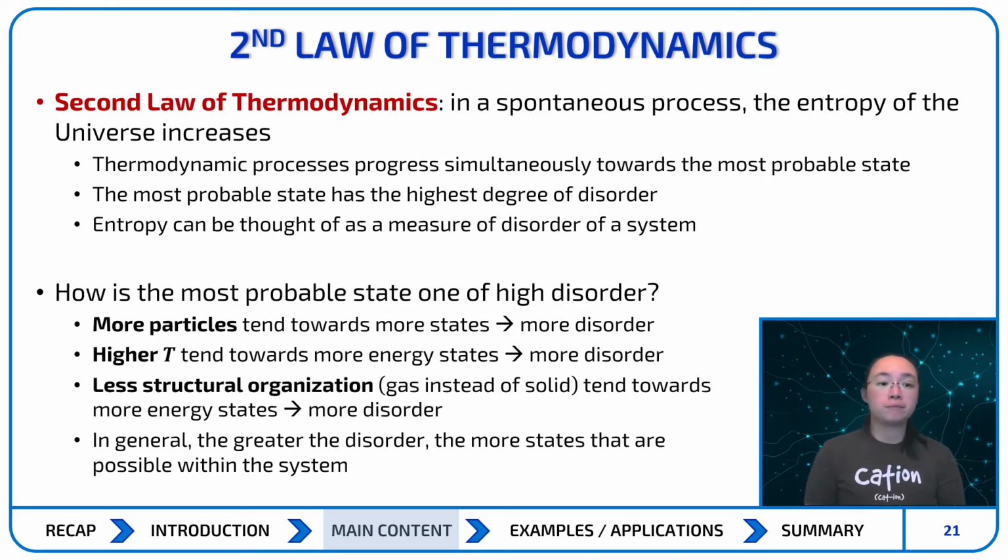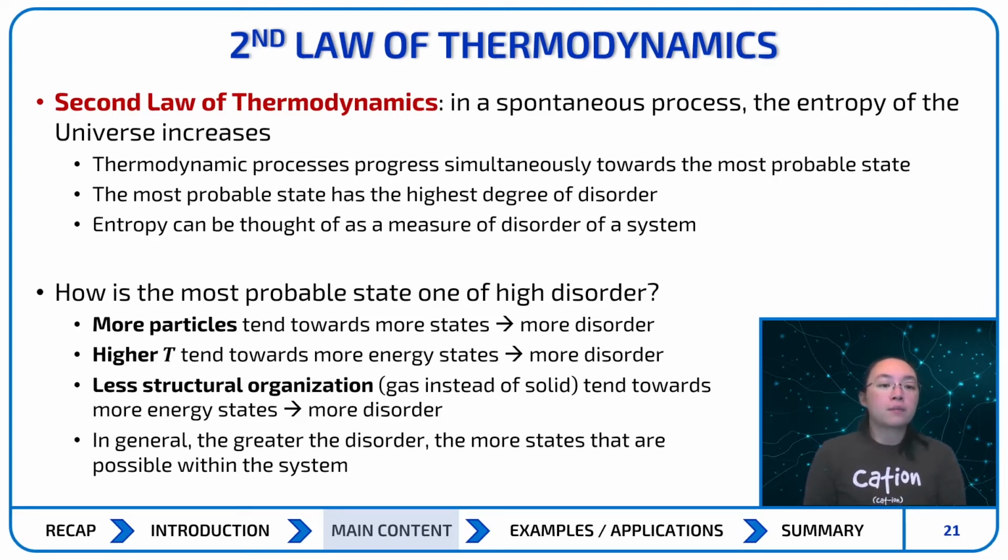disorder of a system. So how do we know that the most probable state is one of high disorder? First of all, we take a look at a few scenarios and try to think of what happens in terms of whether it's high order or low order.